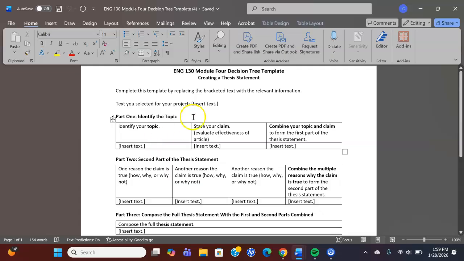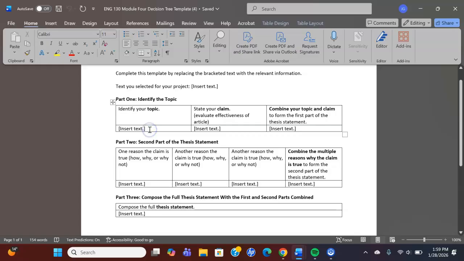So here's where you will first insert the text you selected or the article name that you selected for your project there. And then here you will identify your topic. And next, you will evaluate the effectiveness of the article. And this is what I was discussing before, that you will analyze the effectiveness of your article, and that will be the focus and objective of your final analysis project.